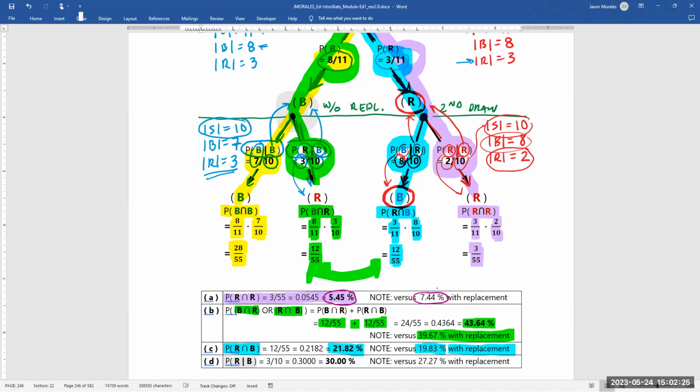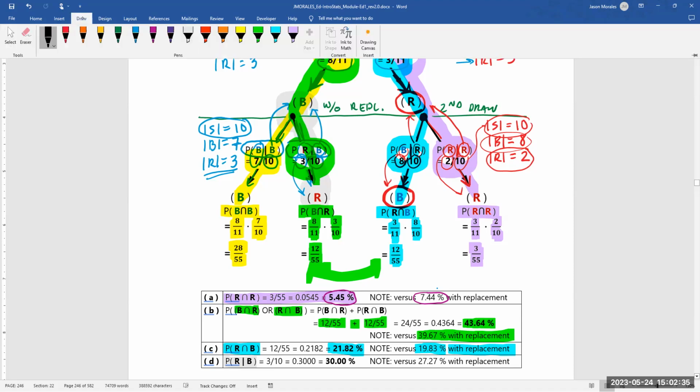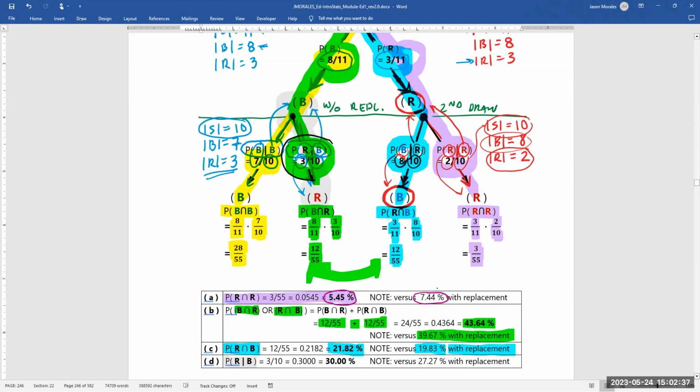So the only probability we're concerned with is this last branch here for red. And so the probability of red given that blue occurs first is 3 out of 10, or 30%. Compare that to the probability of red given blue with replacement, which is 27.27%.